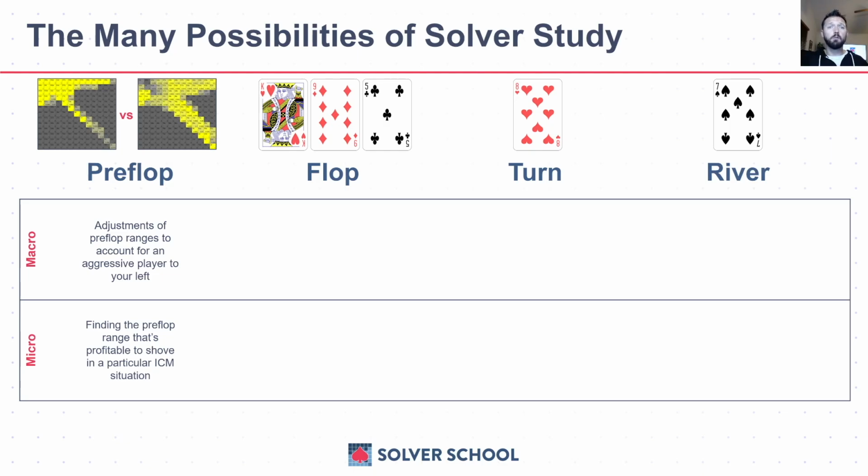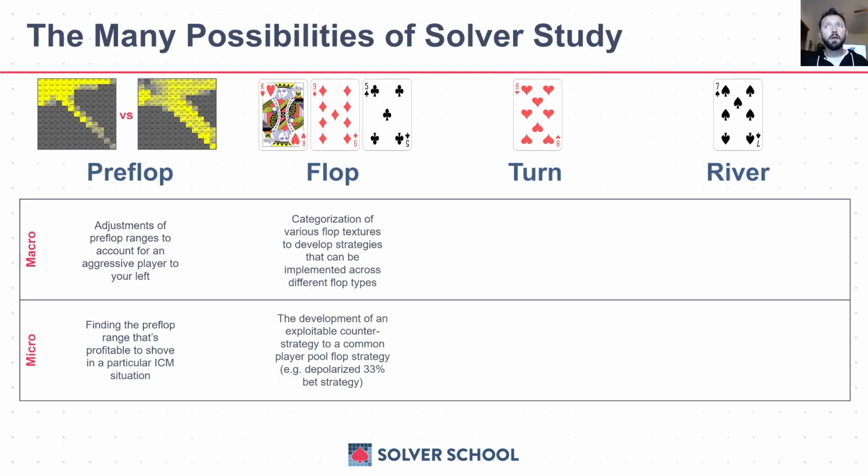Ranges are going to differ very significantly from scenarios where ICM is not as big of a factor in our decision-making process. So we can use solvers to find preflop ranges that are profitable to shove in those particular scenarios, and that's kind of a micro-level use case.